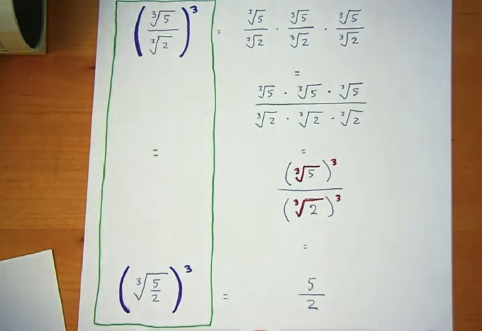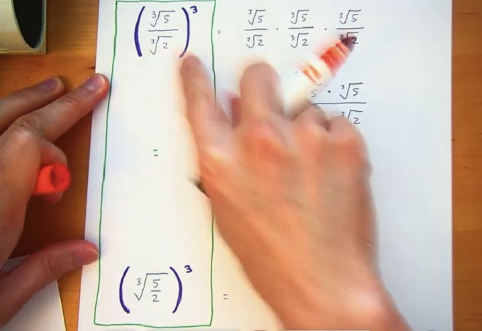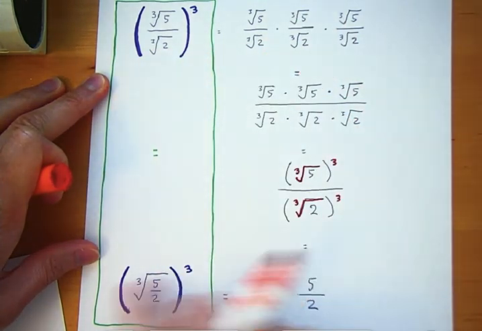Because we have both of those as something to the third power, I know, let's use orange, that the thing inside of parentheses must equal this thing inside of parentheses.